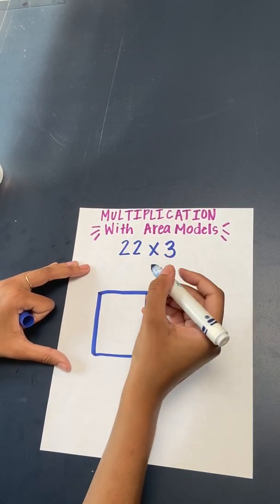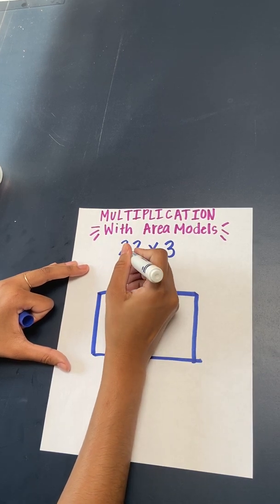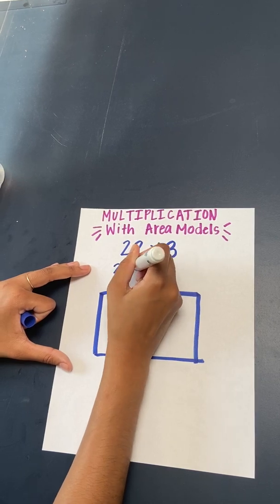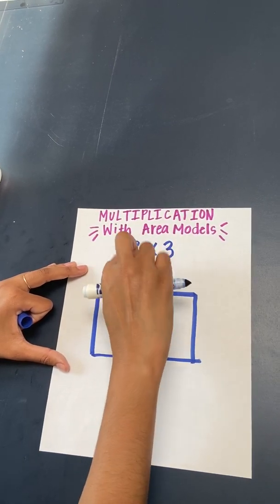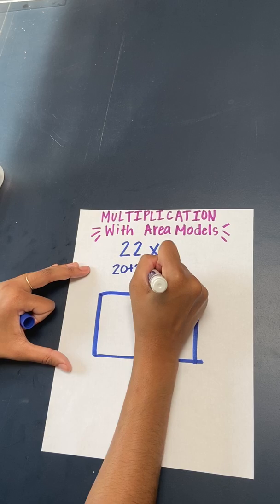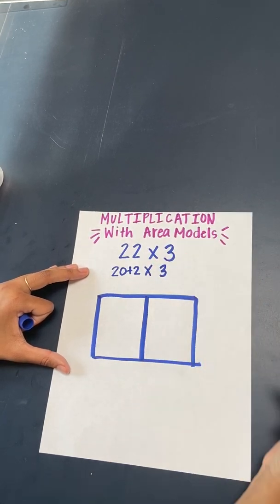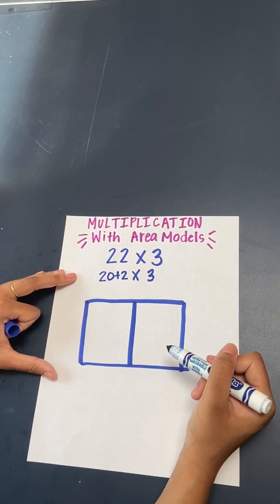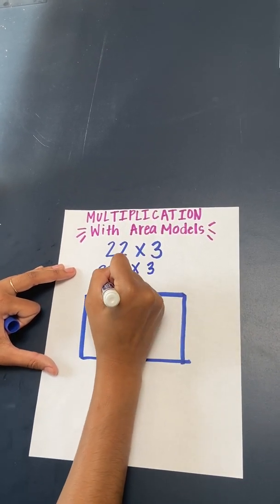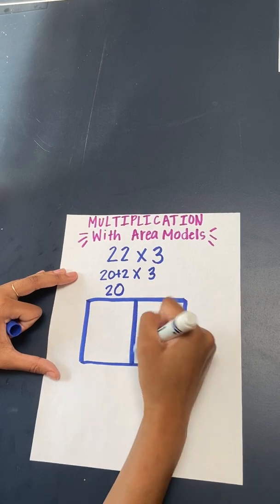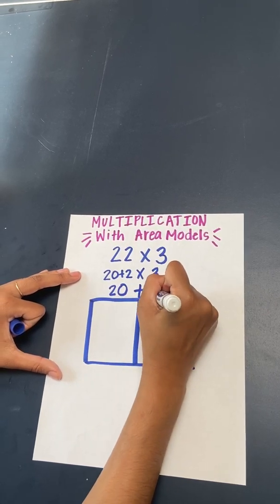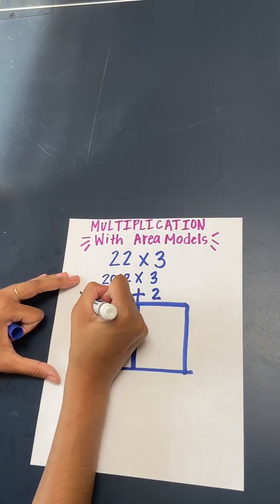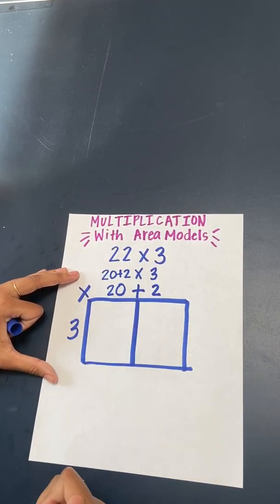There's a 2 in my tens, which means that's really the number 20 plus 2, 22, times 3. Now I can put this on my area model. So up here I have 20, this line, which tells me plus 2, gives me the total number 22 right here, times the 3 on the side.